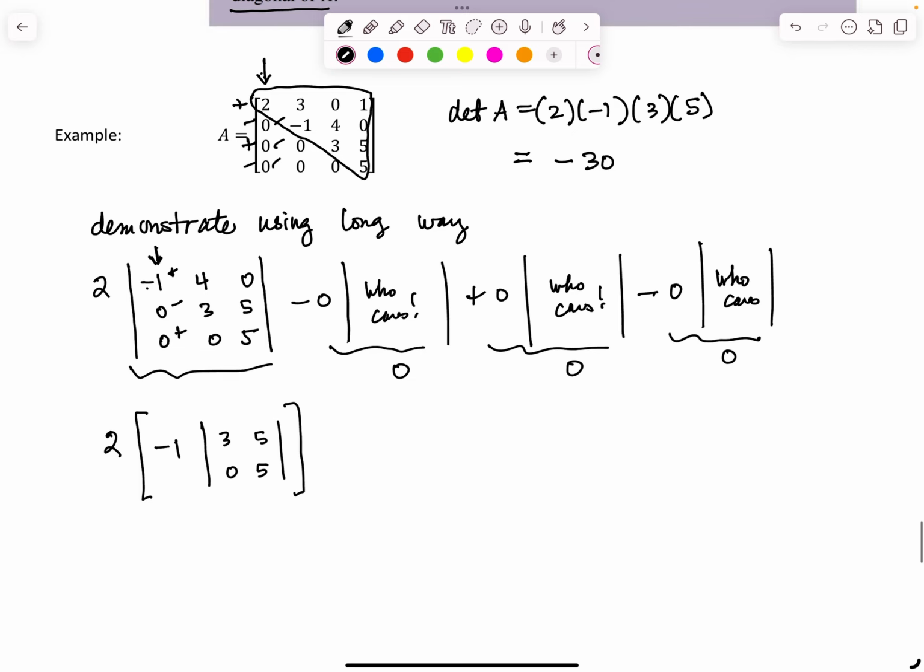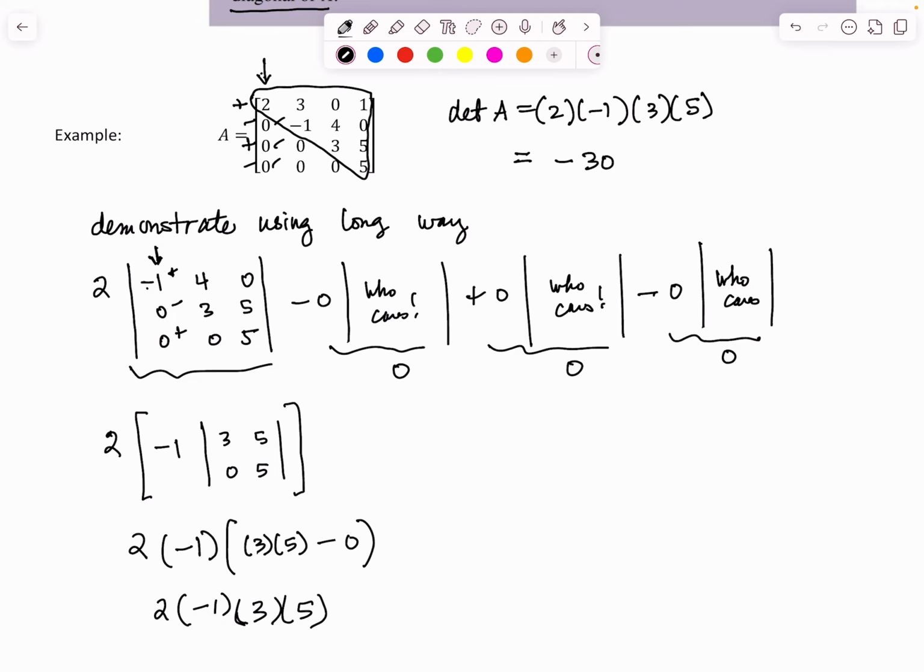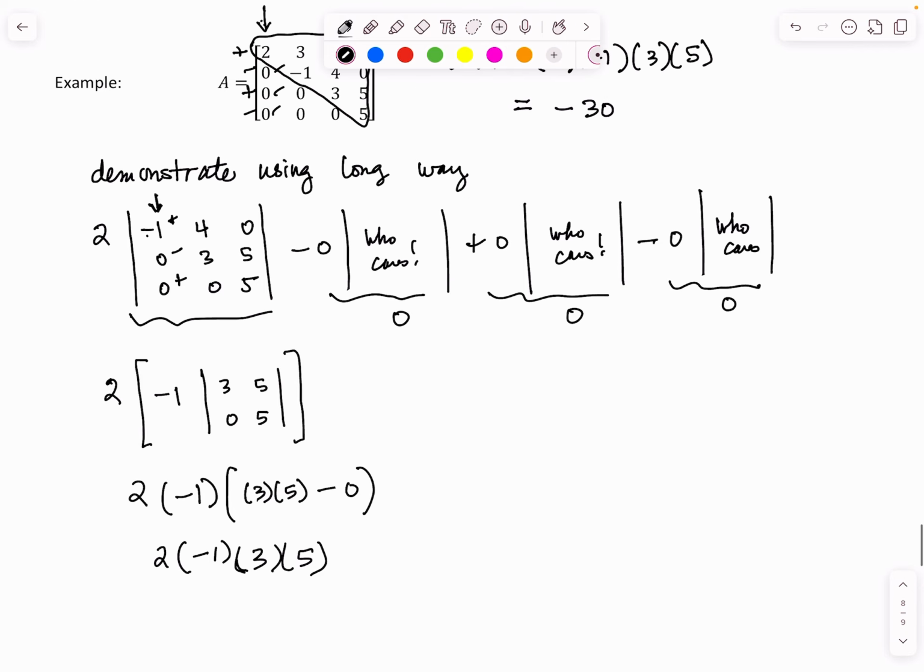So in turn, I end up with minus 1 times 3 times 5 minus 5 times 0. And lo and behold, we have 2 times minus 1 times 3 times 5. And this is why, hopefully you see, we multiply down the diagonal for triangular matrices. This is just the product of the diagonal entries.